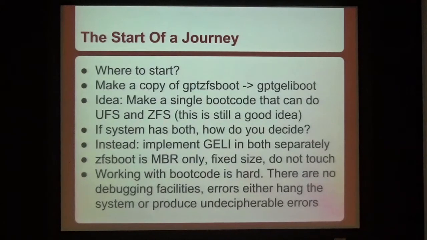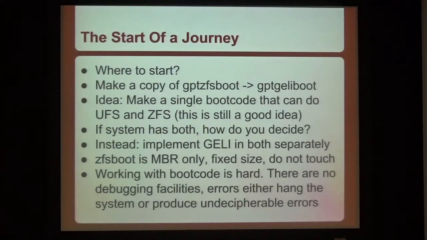So to get started with this, almost a year ago when I started on this, I decided it would make sense to make a gptgeliboot as an option, and to try to make a single boot code that would boot UFS or ZFS if it was encrypted. Which is still a good idea, but was abandoned because it was more work than I felt like doing at the time.